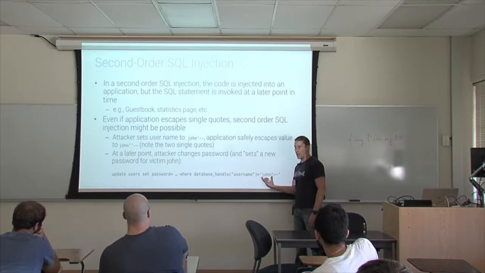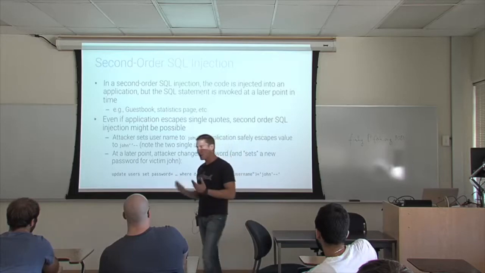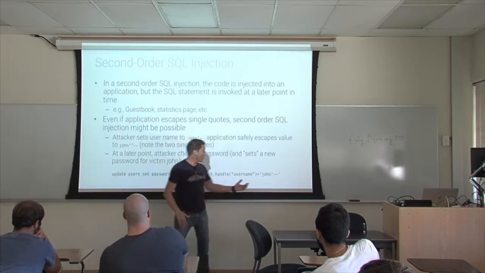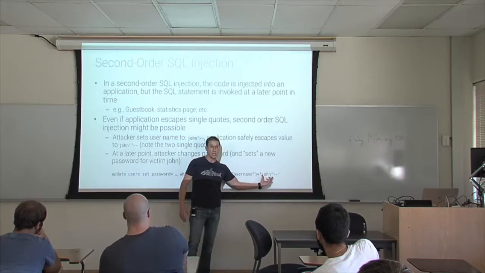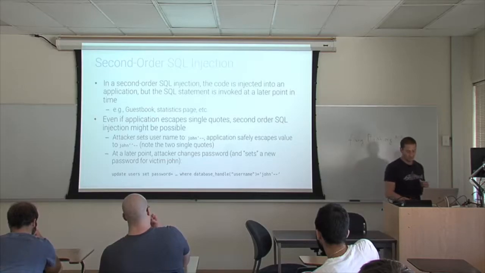So an existing account, and by changing the password, you can hijack that account. This is just an example of stuff that you can store in the database that is later used in a query, and because it has not been sanitized, can actually change what the query does.